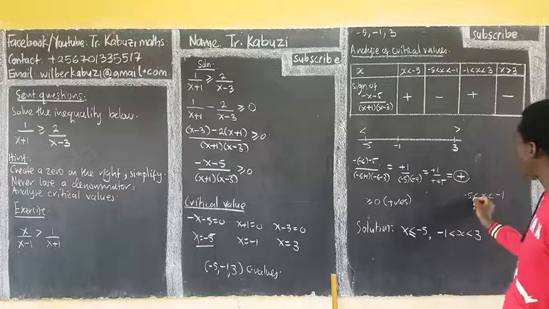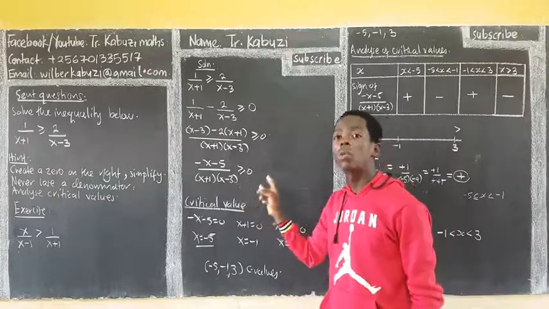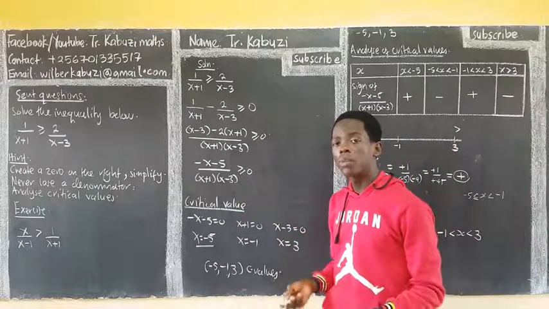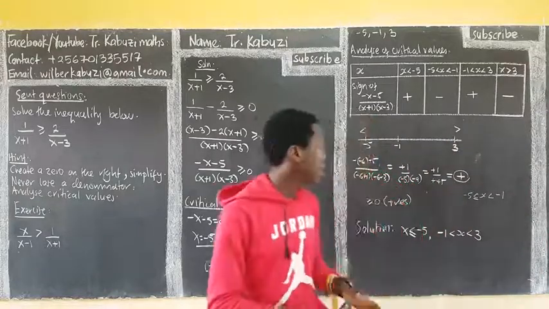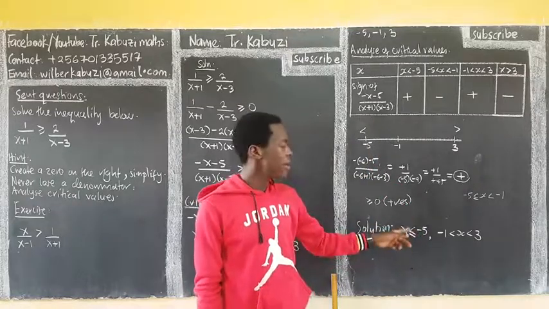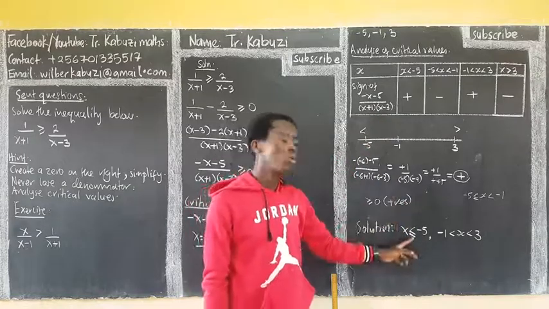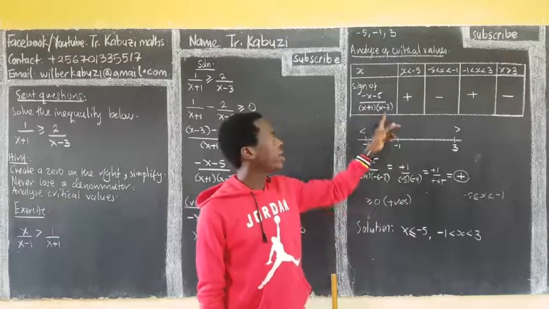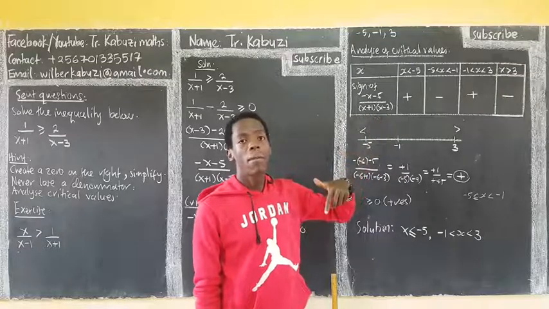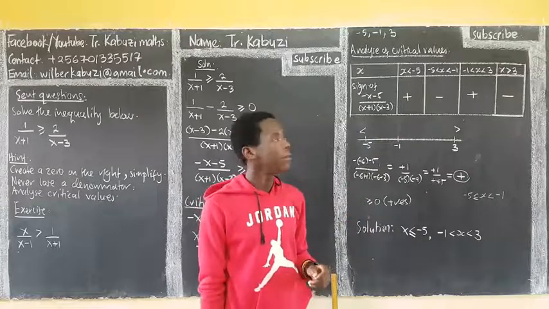So we only put an equal sign if we have greater than or equal to, or less than or equal to. That's what we base on to put the equal signs. But that also depends on the critical values. Don't put an equal sign on any critical value that came from the denominator. We only put them on those which came from the numerator.